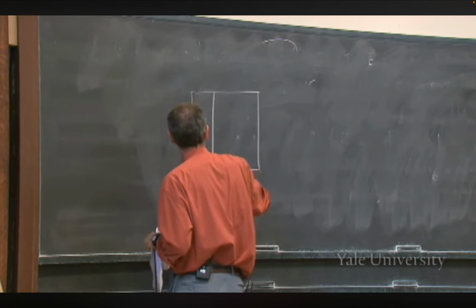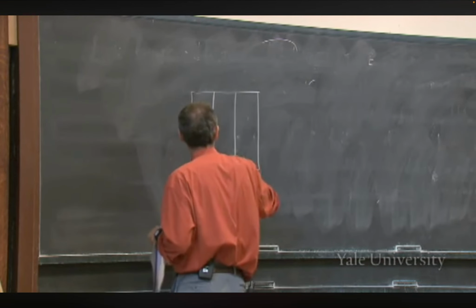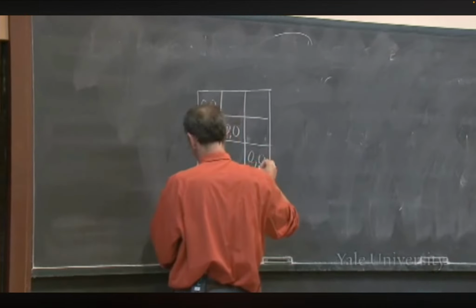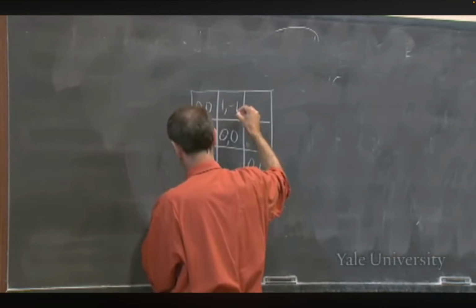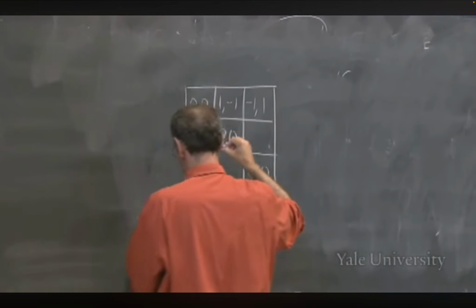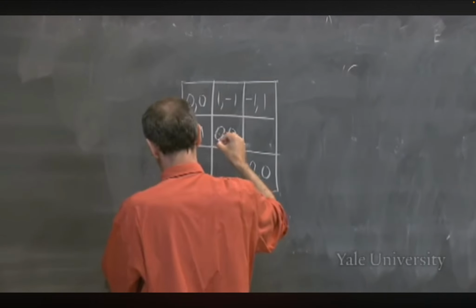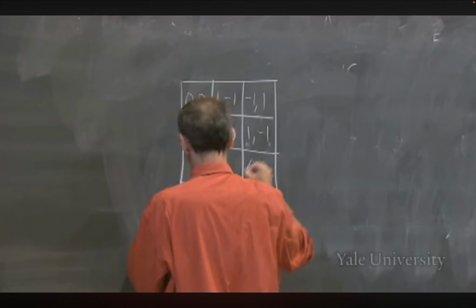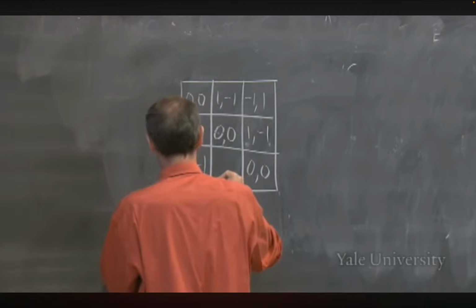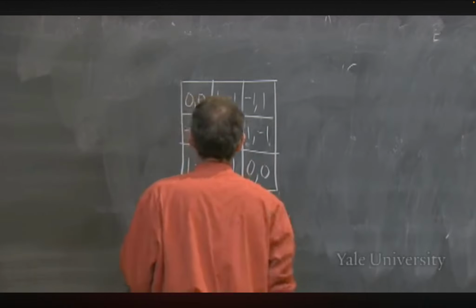There are 2 players. Each of them has 3 strategies. And the payoff matrix looks as follows. 0, 0 is down the lead diagonal. And going round, it's going to be 1, minus 1, minus 1, 1, minus 1, 1, 1, minus 1, 1, minus 1, minus 1, 1.